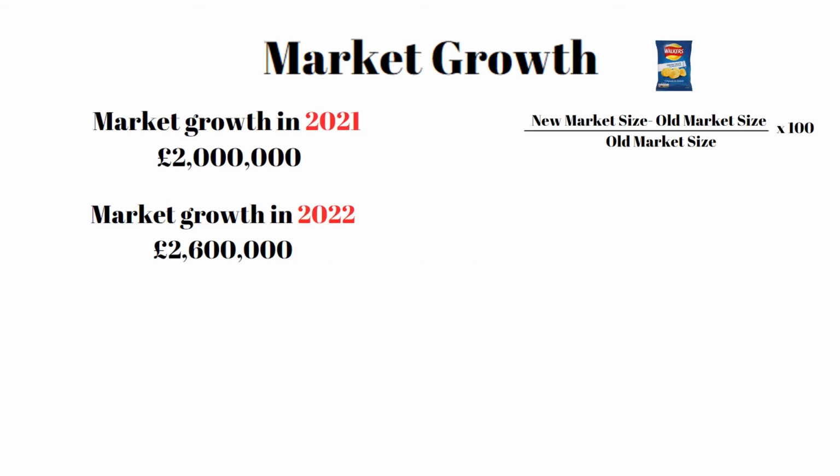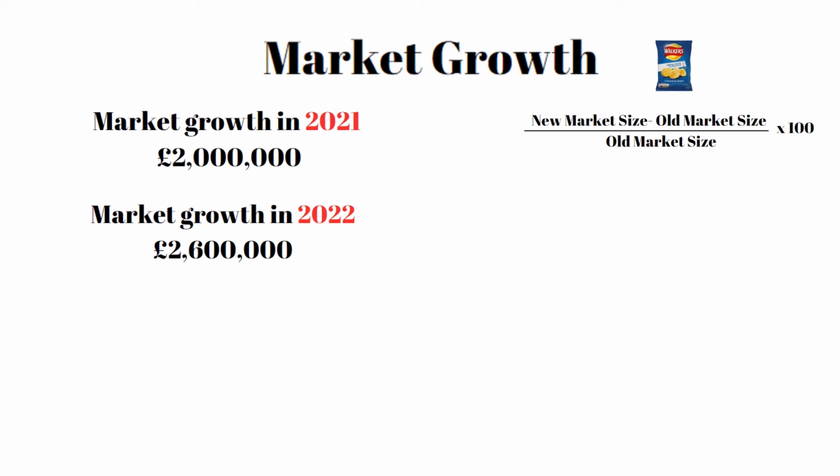So let's take a look at a market growth type practice question. So the market growth in 2021 was £2 million and the market growth in 2022 was £2,600,000. As you can see, we have the formula there, and it's important to remember to include your formula when you are actually answering these calculation questions.